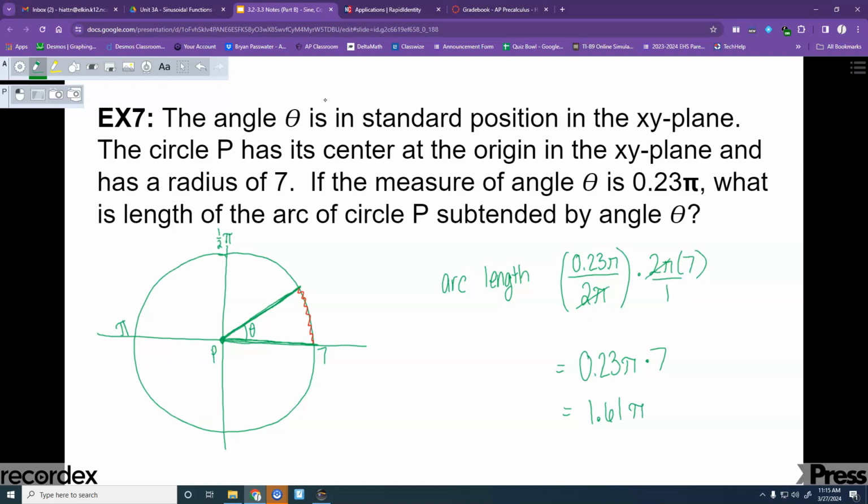They might leave it like that, or they may type the whole thing in and get a decimal, 5.058. So it just depends on whether they leave pi in the answer or not. Okay. Questions?